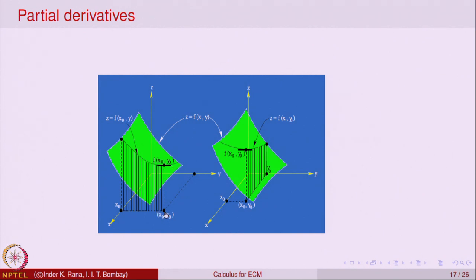At a point x naught, y naught, if you fix x naught, you are able to move along this line, x naught is fixed and y is allowed to vary. When you move along this line, for every point you will get an image.